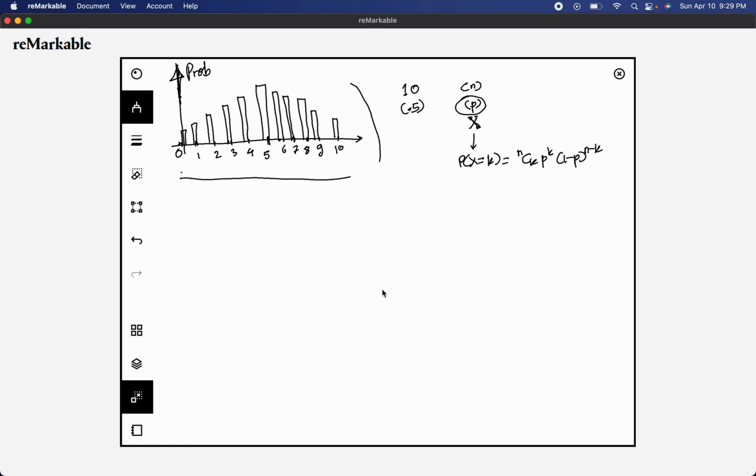What you do is you assume some hypothesis, and you say, okay, my hypothesis is that p equals, let's say, 0.5. And then you ask, is the data supporting my hypothesis or not? Your alternate hypothesis is that p is different from 0.5.